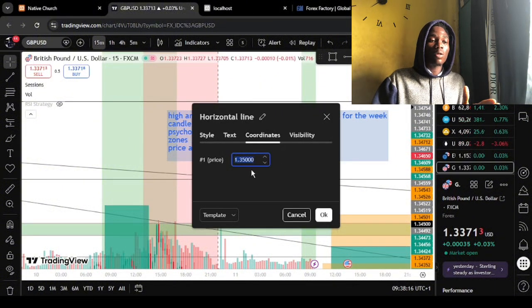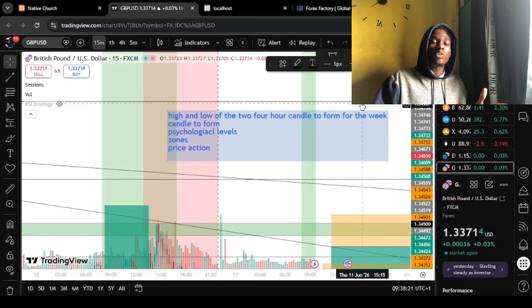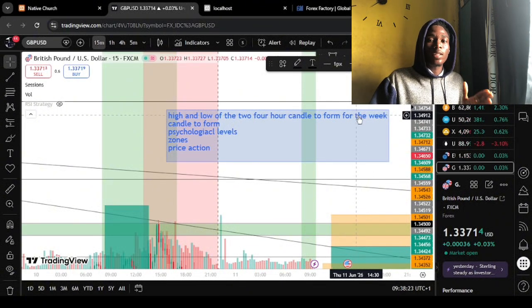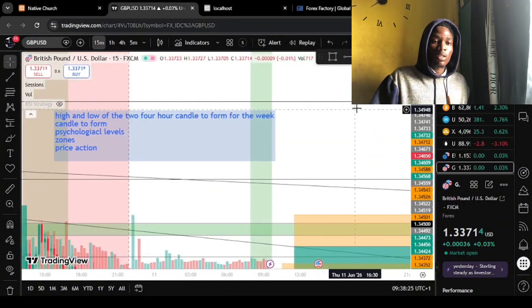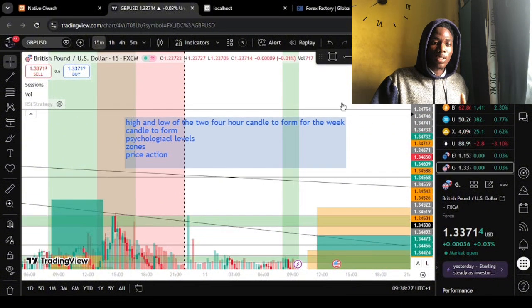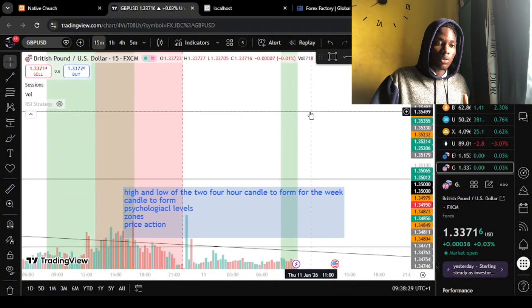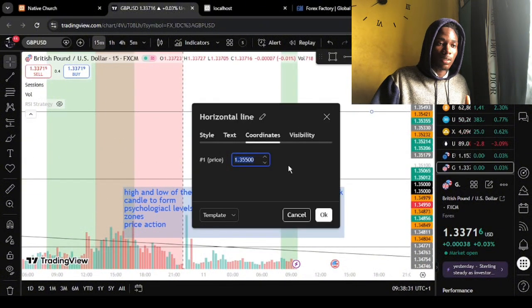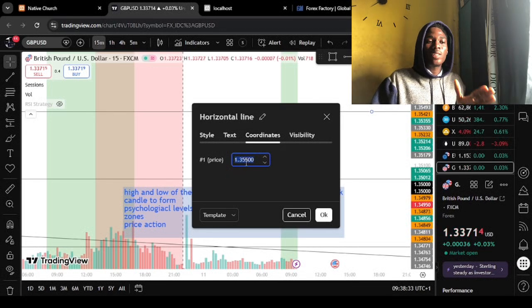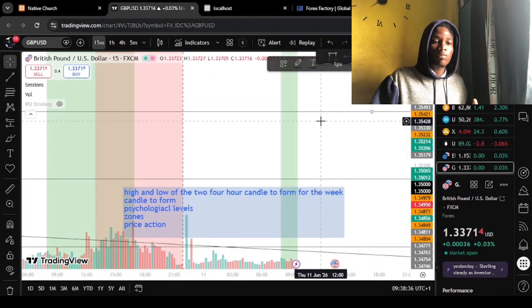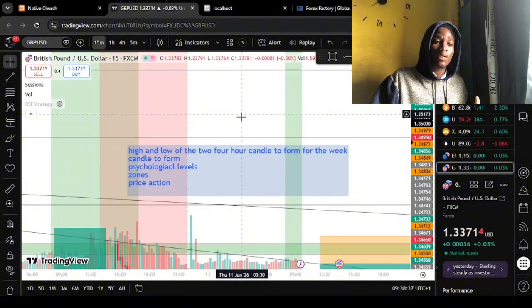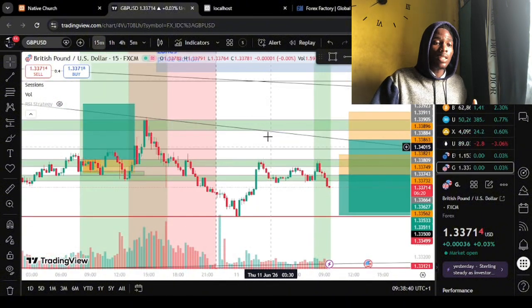You see, you have 1.3500, so it's just 50 pips apart. The next one is going to be 1.35500. I hope you just grab what I'm trying to talk about. So can you see 1.35500? So it's just 50 pips apart. So that's how I determine my psychological levels.